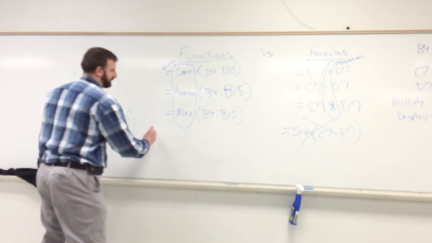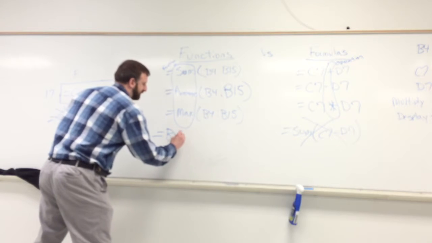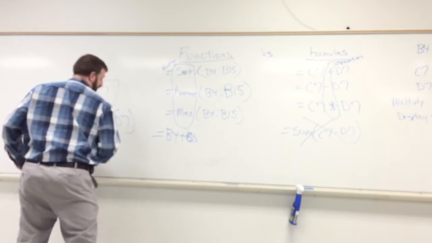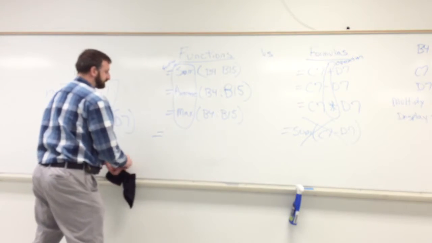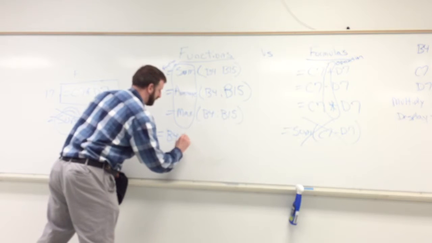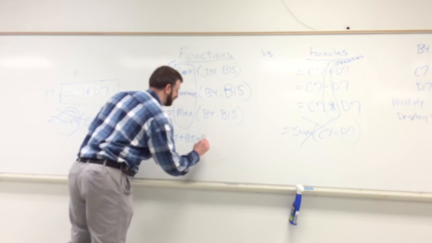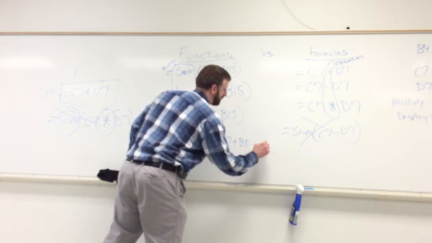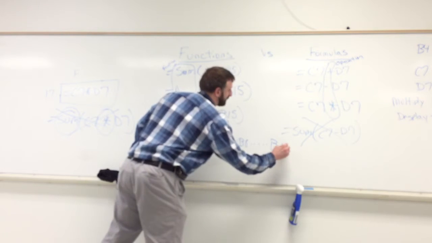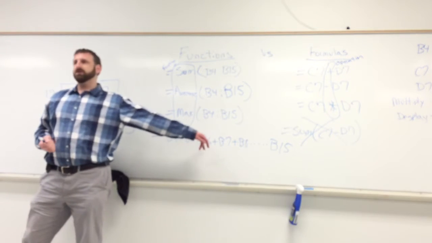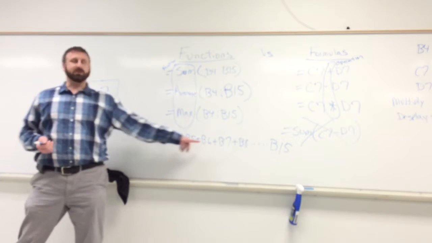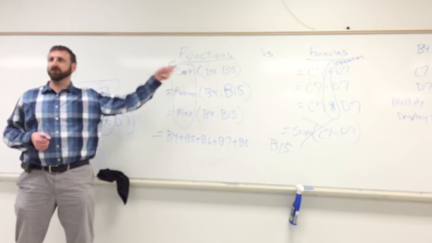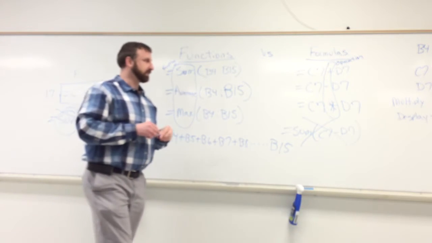That means you would type something like this, B4 plus B5 plus B6 plus B7 plus B8, and so on all the way to B15. Okay? This is including individual cell references. It's not logical to do all of this when we can just add a function. So that's the purpose of using the functions. Okay? Any questions?